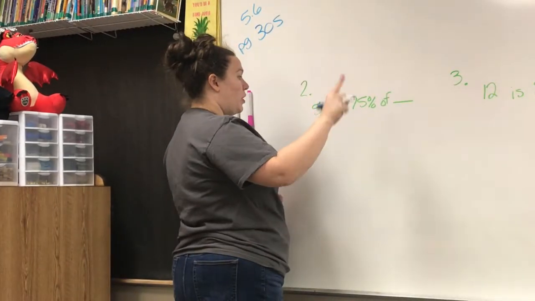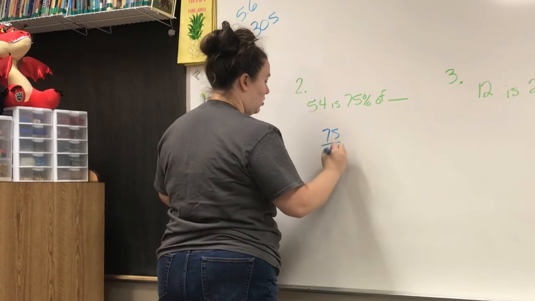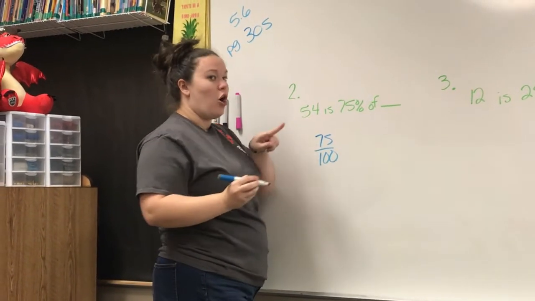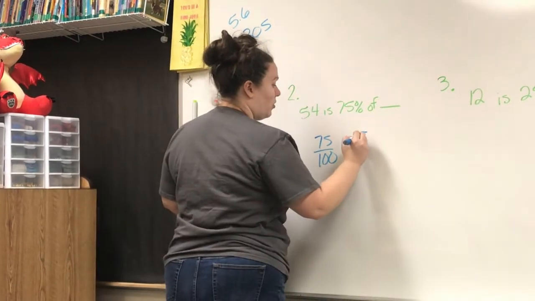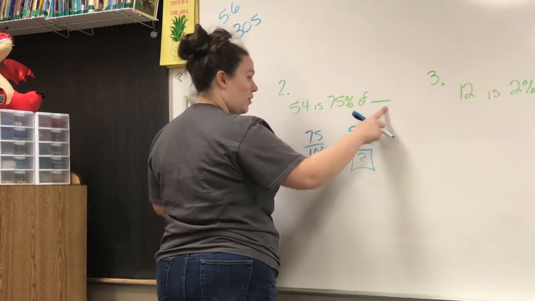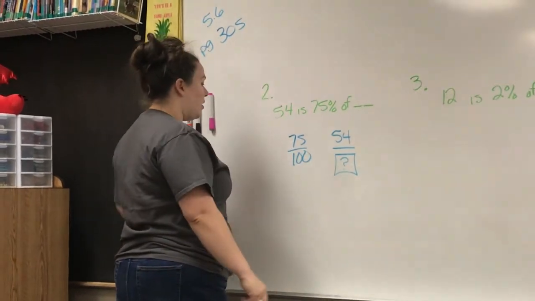Very first step, write the percentage. Second step, take the whole number and put it over a box. 54 over, I don't know what this is, because this is going to be this number. Okay?